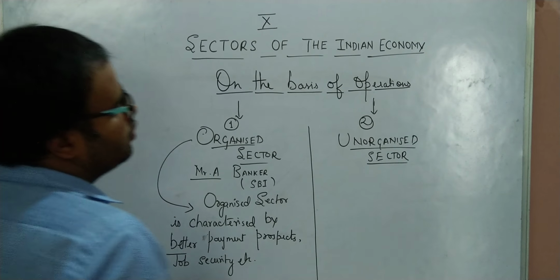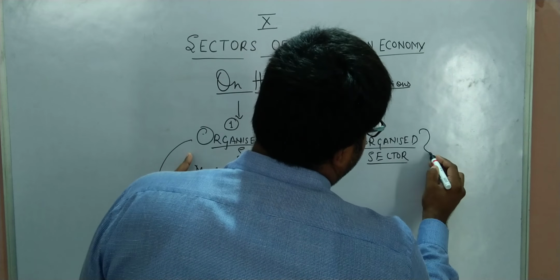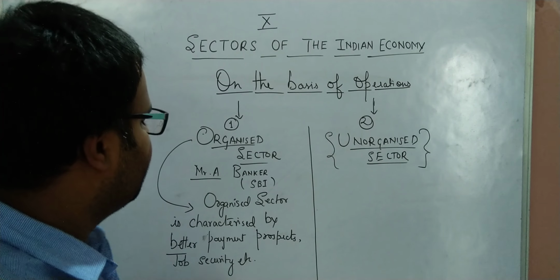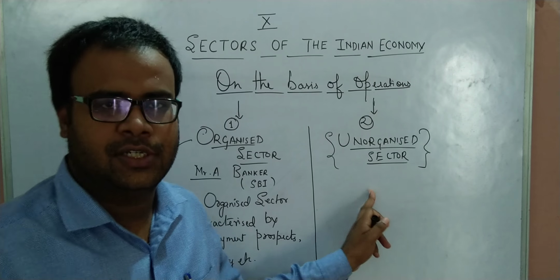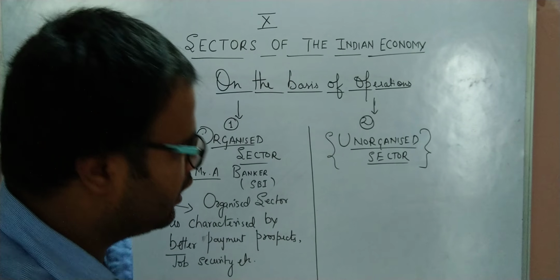But when you talk about unorganized sector, it is totally opposite of the organized sector. Here there is no job security. If you take the example of day laborers, what kind of job security is there? Is there any security? No, not at all.